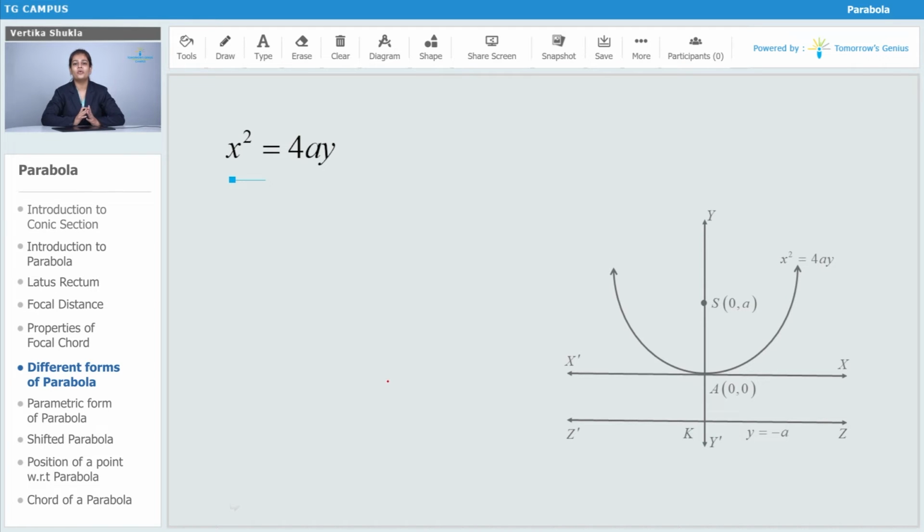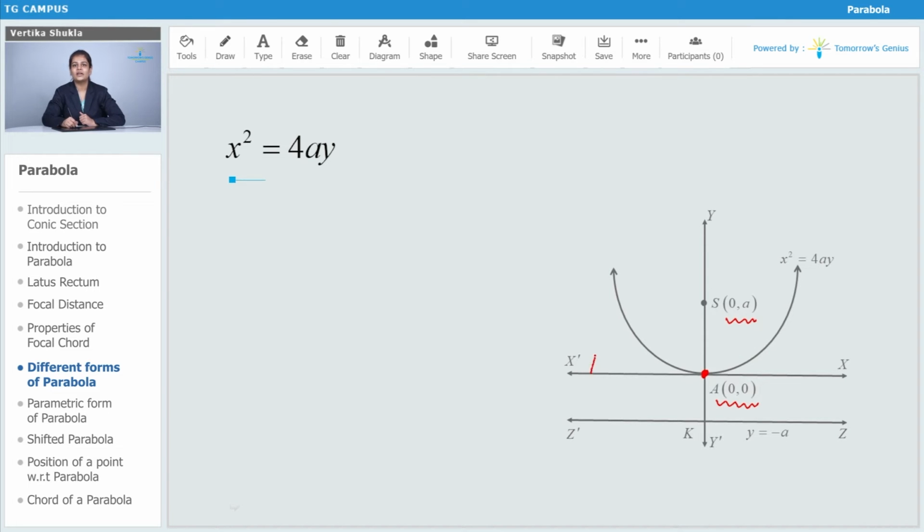X square is equal to 4ay is a parabola that opens upwards. Okay, and x square is equal to minus 4ay is a parabola that opens downwards. So x square is equal to 4ay is a parabola that faces upwards. If you look closely at this parabola, you can see that the vertex is again at 0, 0. The focus now is 0, a.